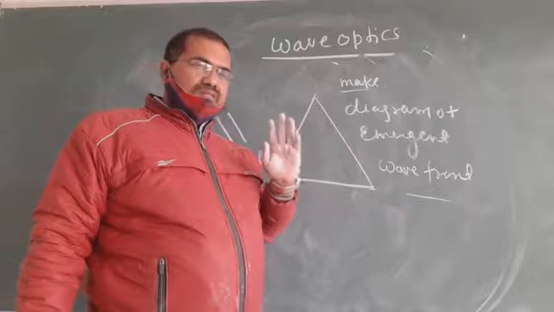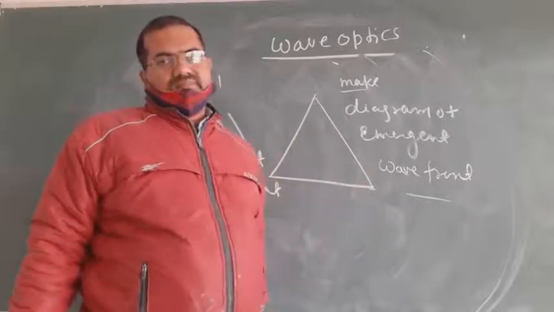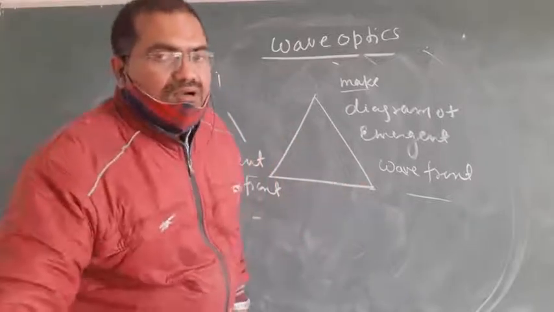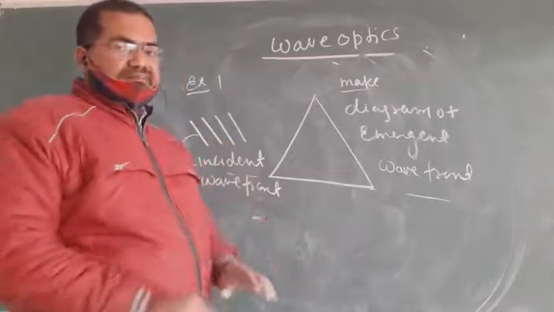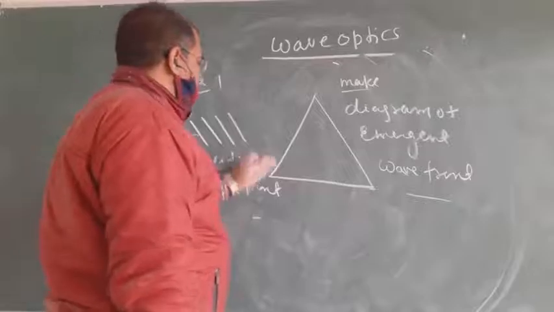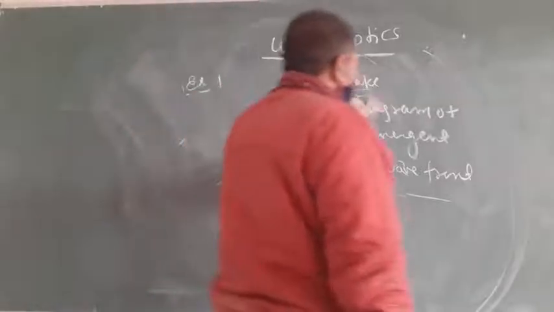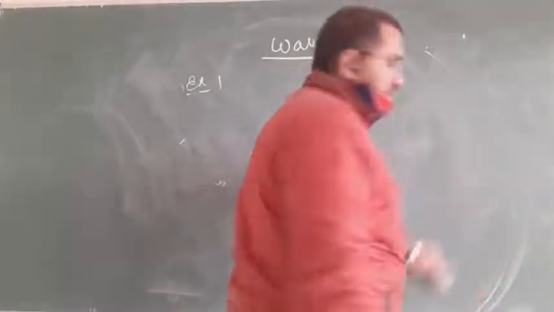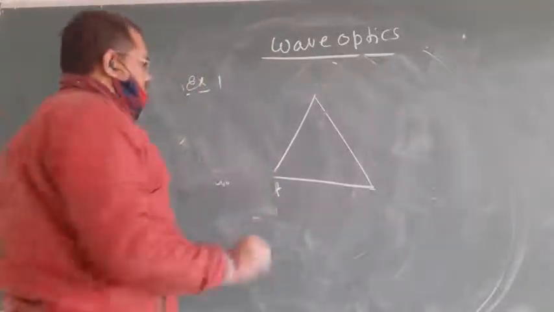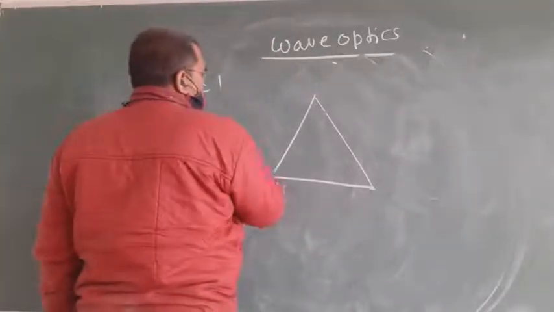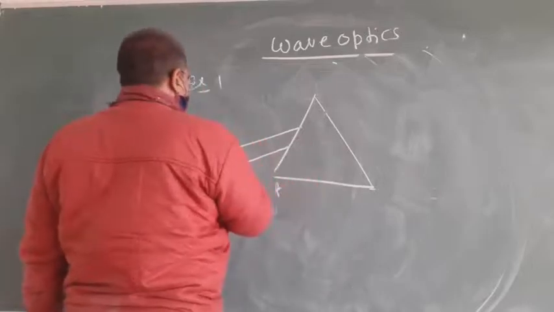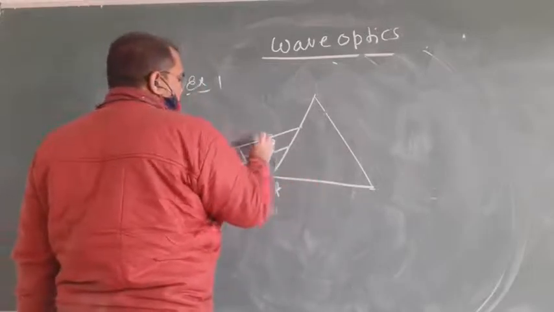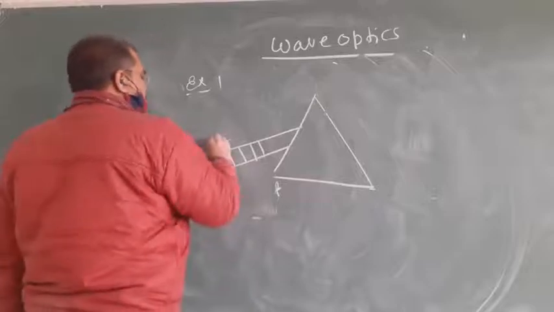Wavefront must always be perpendicular to the rays. Remember that. And time of reaching the rays on wavefront must be same. So you can draw easily. So these are the two rays and these are the wavefront. Incident wavefront.